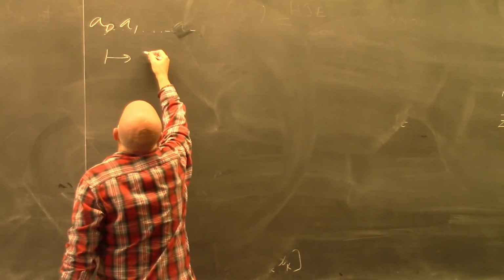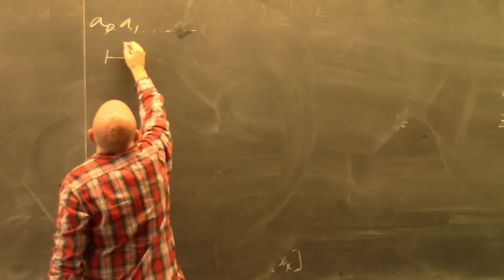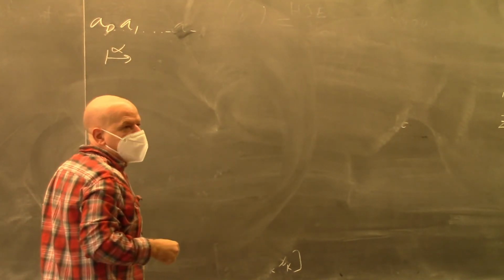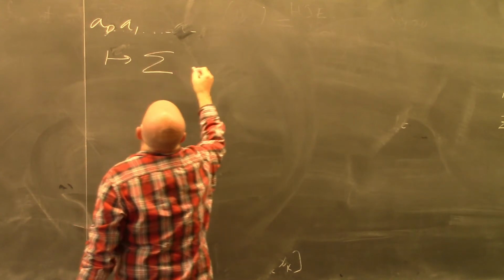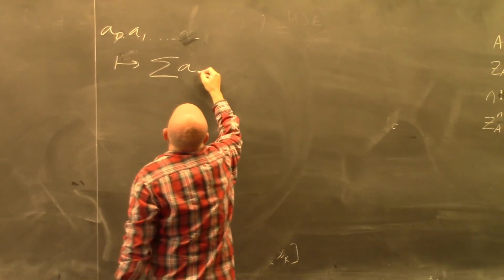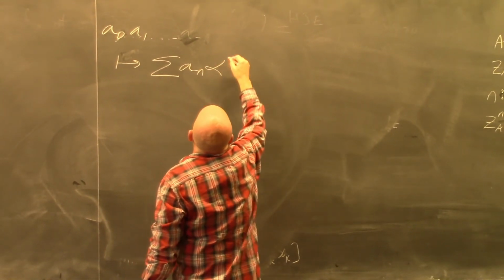So you choose some variable alpha, and you write the sum of a_n alpha to the n.